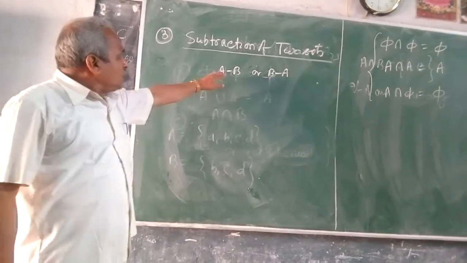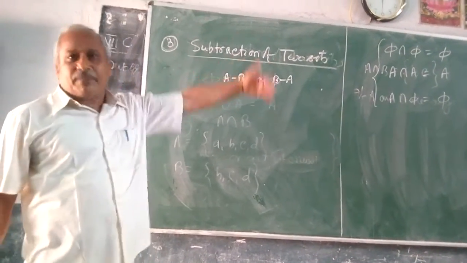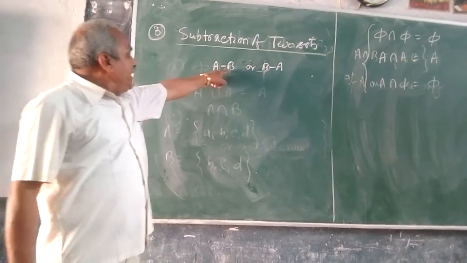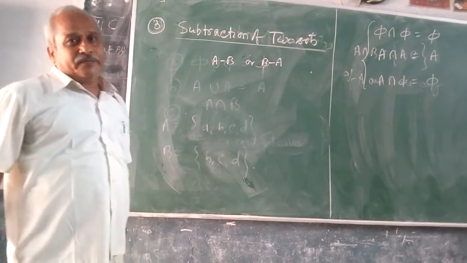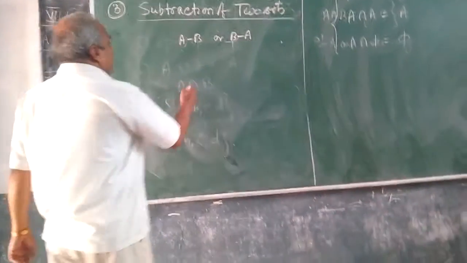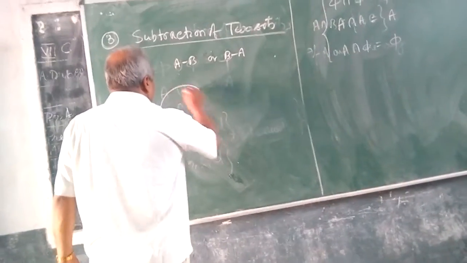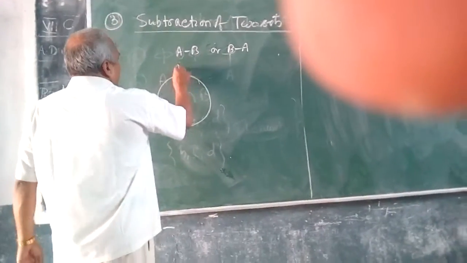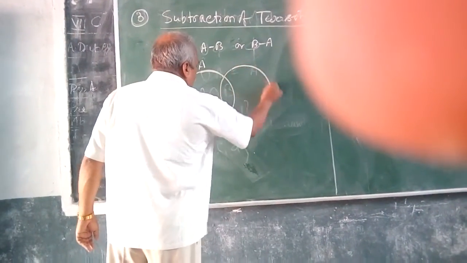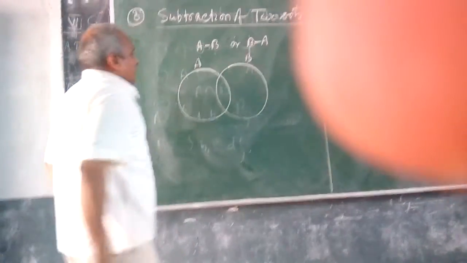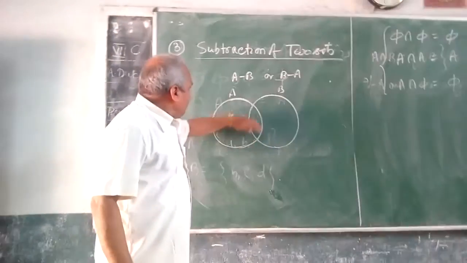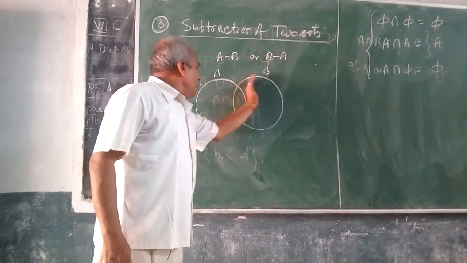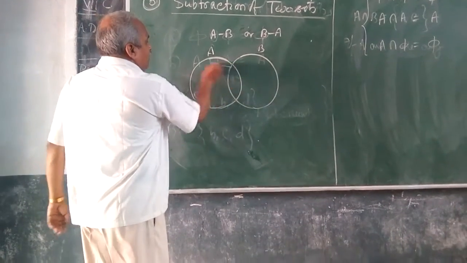Now, you first go into the concept of the language. B is subtracted from A. B is subtracted from A means, suppose this is A and this is B, this portion will be removed. Then what portion will remain?